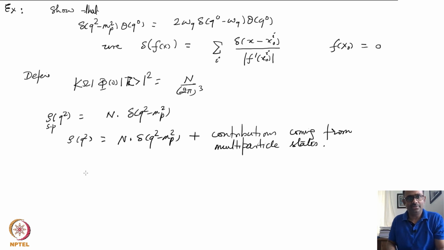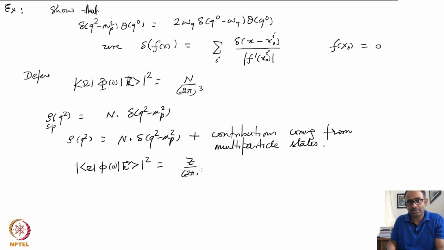Here you have n, and we had earlier defined for the case of elementary field phi that this omega phi of 0 k, now I am not using a boldface phi but this phi, is what we call z, z over 2 pi cube. So n gets replaced by z when you are looking at the elementary field phi.